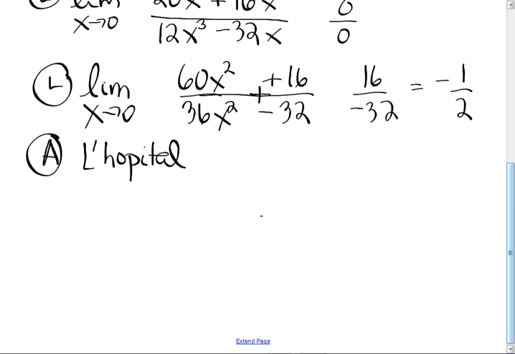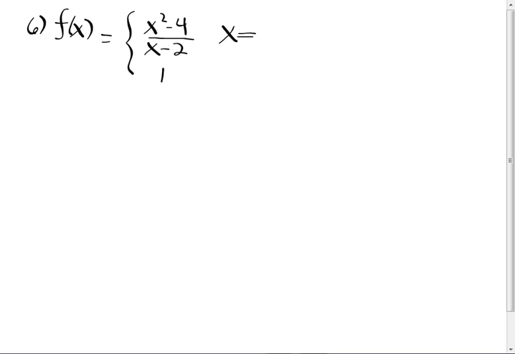Let's do number 6. We haven't talked about continuity, but let's do number 6. What I do with these, 1, 2, and 3, I look at each one of those and decide individually if it's true or false.